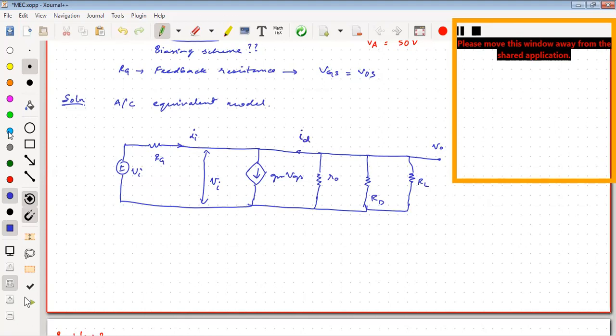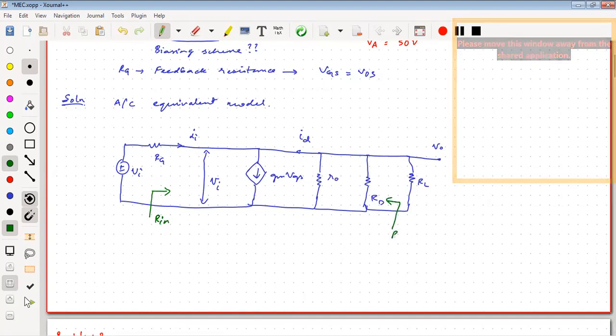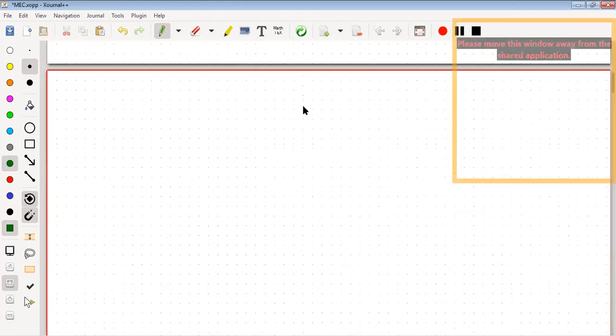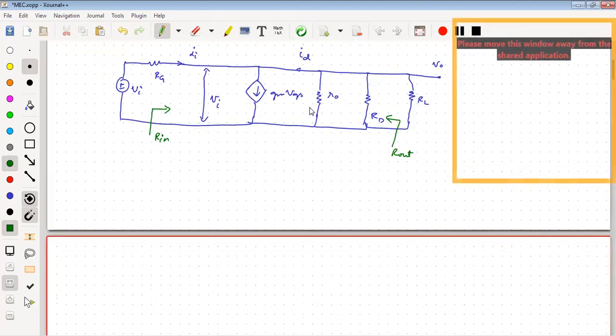Since RF is asked, it is essentially asking for this impedance. With this in mind, let us solve for AV first. Let us find what AV is.